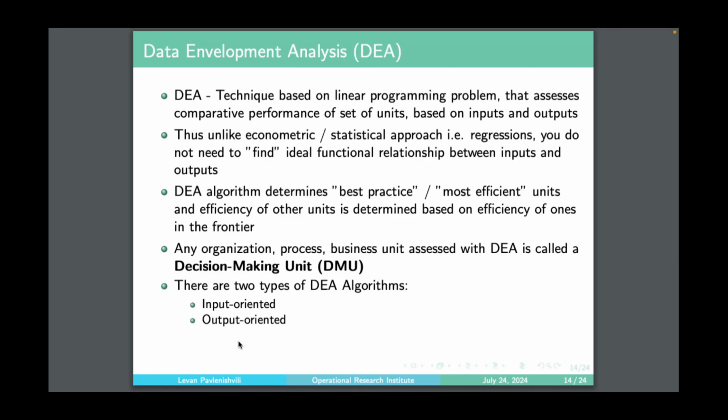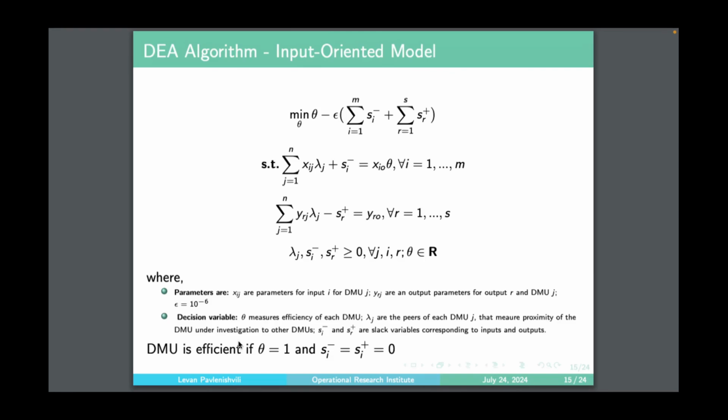I'm trying to minimize an efficiency parameter, theta. Epsilon is just a small number, so that the rest of this objective function does not become too large. I'm also minimizing with slack variables. Let's forget about this for a minute and just think that we are minimizing theta, which is an efficiency parameter.